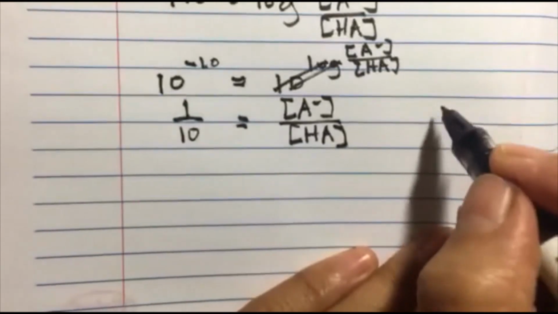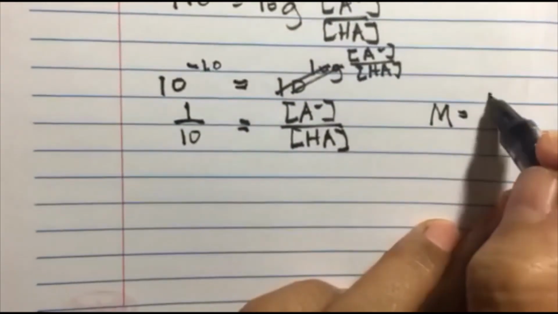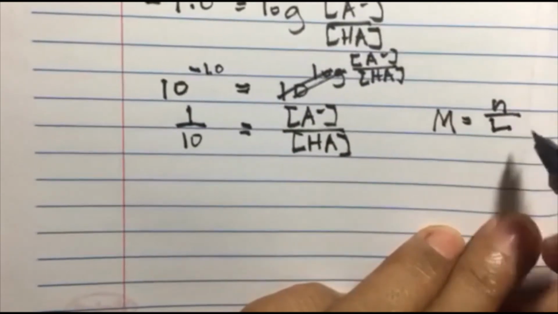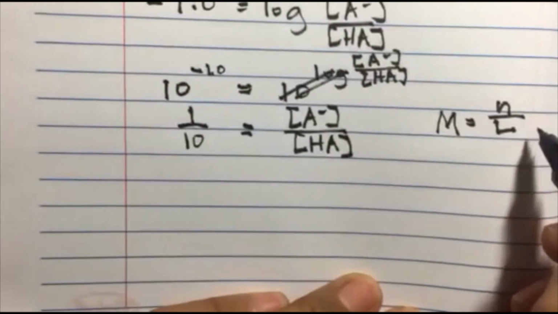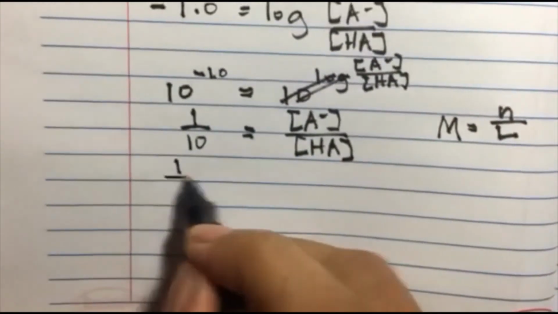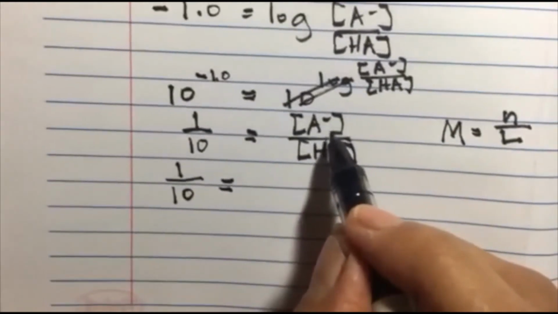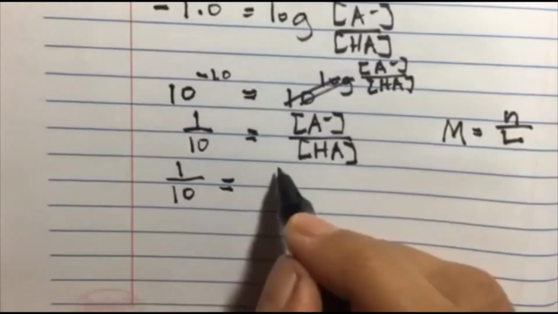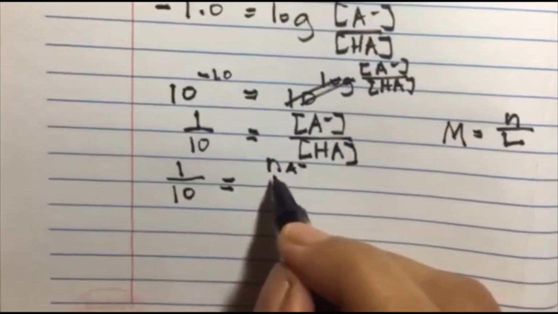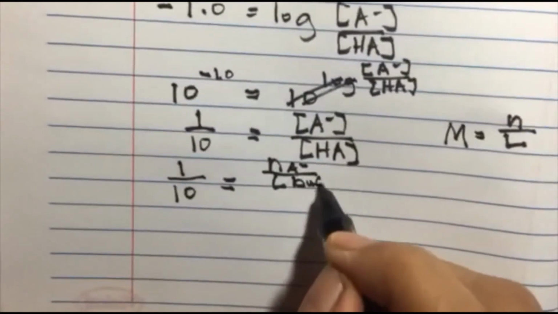Okay, we need to recall that molarity is equal to the number of moles over liter of the solution. If we apply it here, the concentration of the conjugate base will be equal to the number of moles of the conjugate base over the liter of our buffer solution.